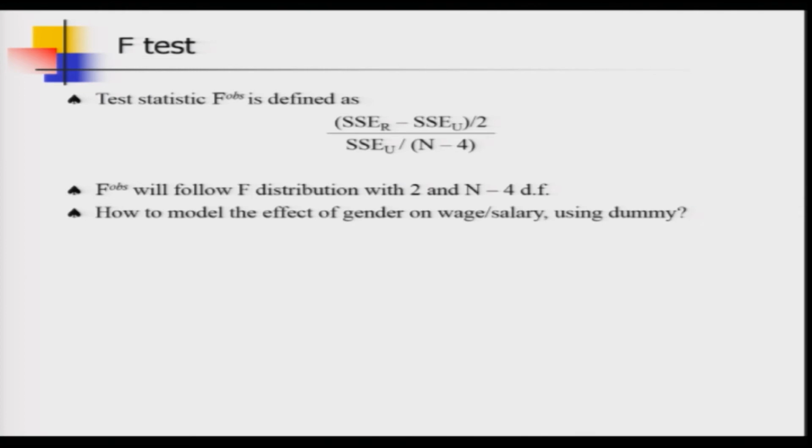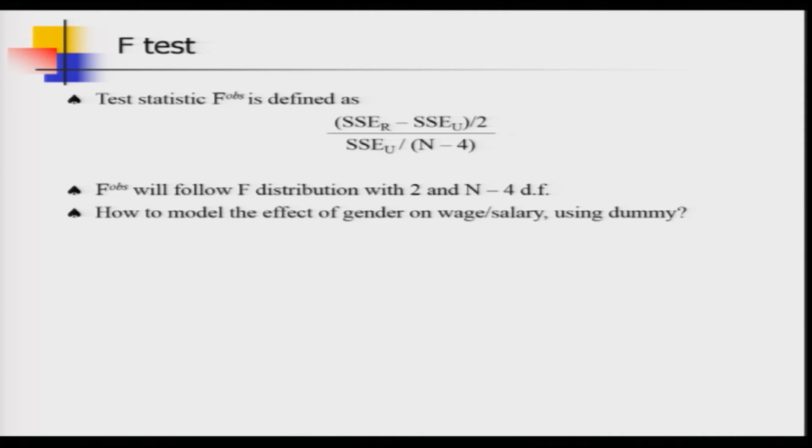The ratio has to be divided by the sum of squared errors of the unrestricted model, divided by the degrees of freedom of the original or mother regression model, that is n minus 4. Needless to say, if you remember, this statistic will follow an F distribution with 2 and n minus 4 degrees of freedom. So, this is the way you can model the effect of gender on wage or salary using dummy variables.